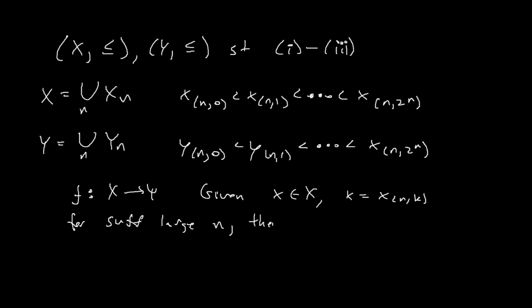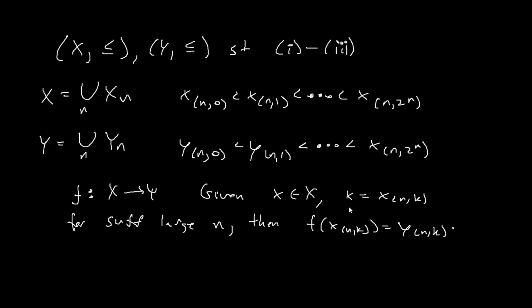Then we define f of xn comma k simply to be yn comma k. And that's the definition of f. Now, one issue here is that each element can have more than one representative labeling. So we need to show that f is well defined.